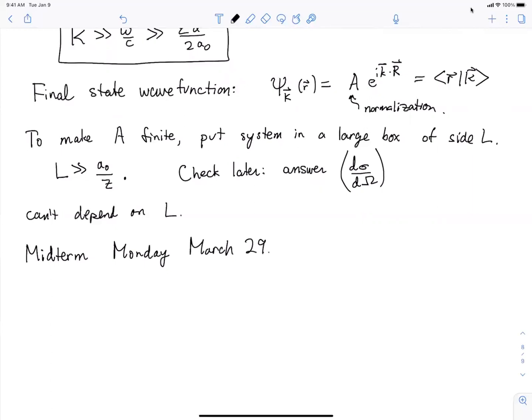My NIU says it's on April 5th. I'm trying to get that changed, but unfortunately I don't have direct control over it. So it's whenever somebody gets to it, it'll hopefully be changed, but ignore the April 5th thing. It's not occurring. And it's going to be based on the last 3 homework sets, 6, 7, and 8.